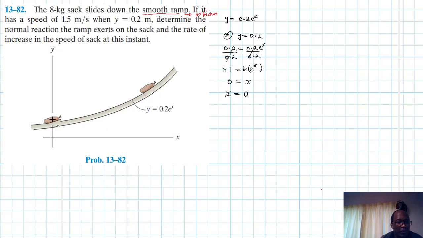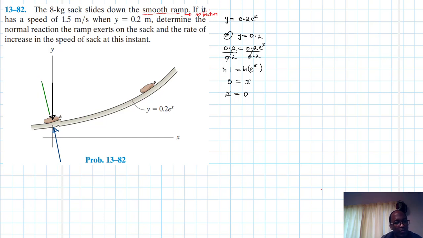So we have the weight of this sack acting through the center of gravity like so. And we do have the normal force, which is going to be a bit inclined like so. And then we have components of this particular force, the weight.